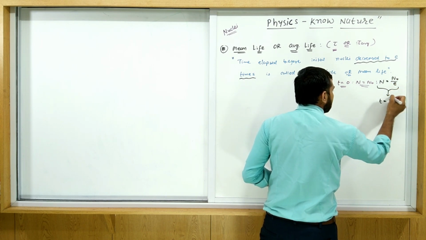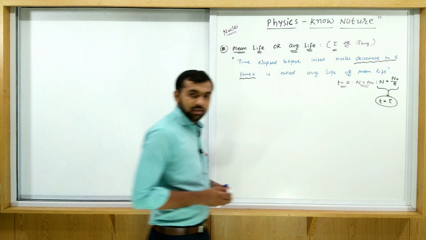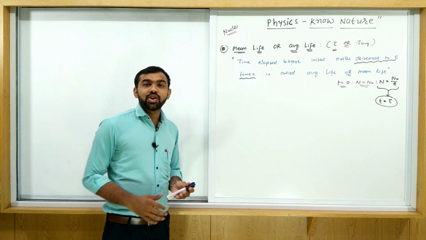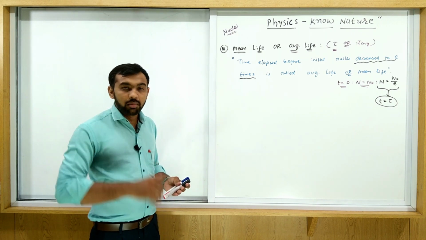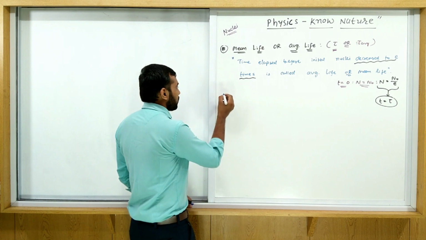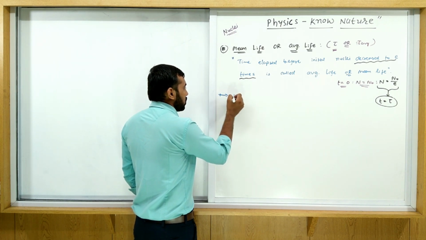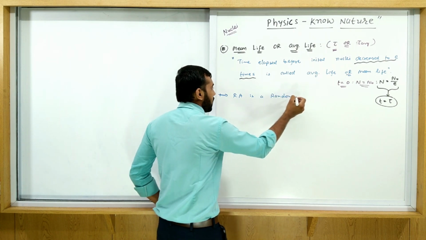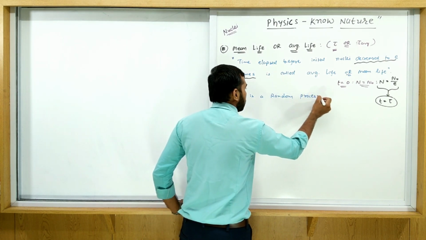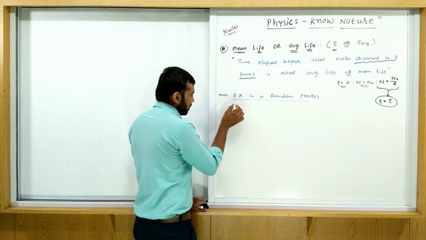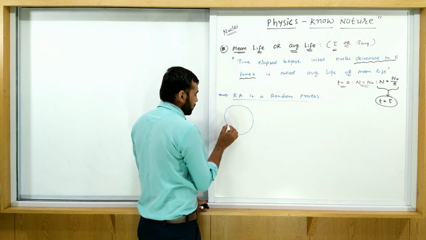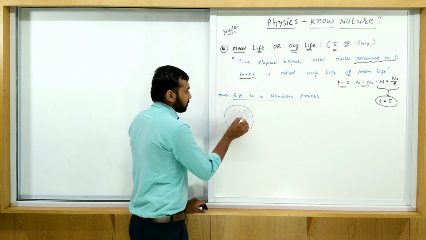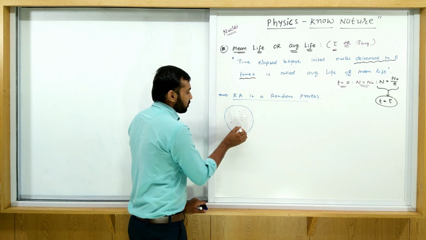Let's discuss this average life. Radioactivity is a completely random process. What is the meaning of a random process? Suppose you consider this radioactive substance, and suppose 1000 nuclei are present here.